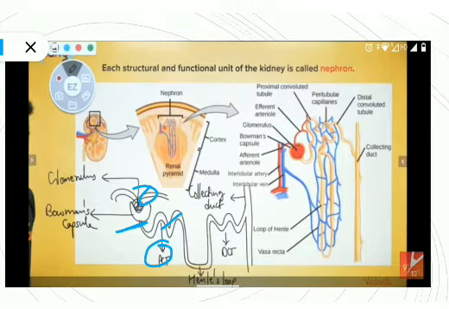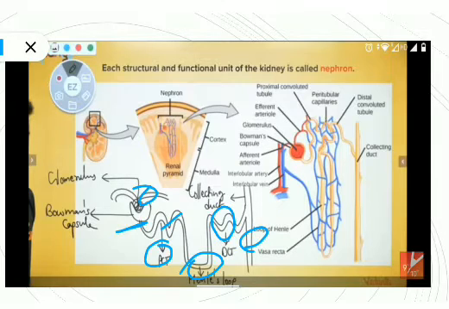And this is the collecting duct. So these are all the parts involved in the nephron.